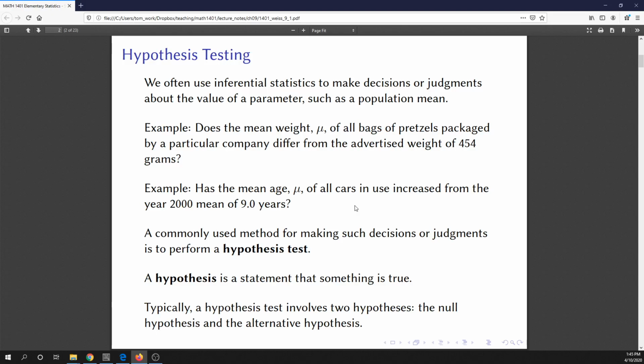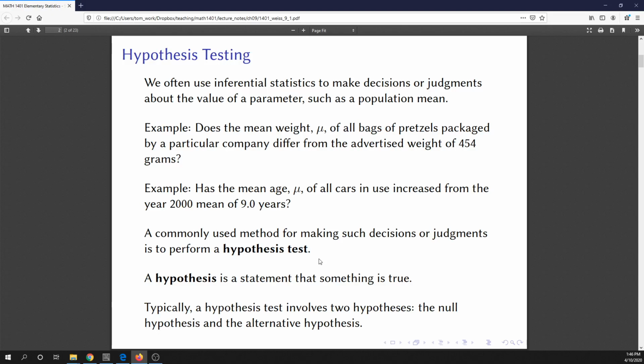A commonly used method for making such decisions or judgments is to perform what's called a hypothesis test. A hypothesis is just a statement that something is true. When we do these hypothesis tests, they're generally going to involve two hypotheses, one called a null hypothesis and the other called the alternative hypothesis.